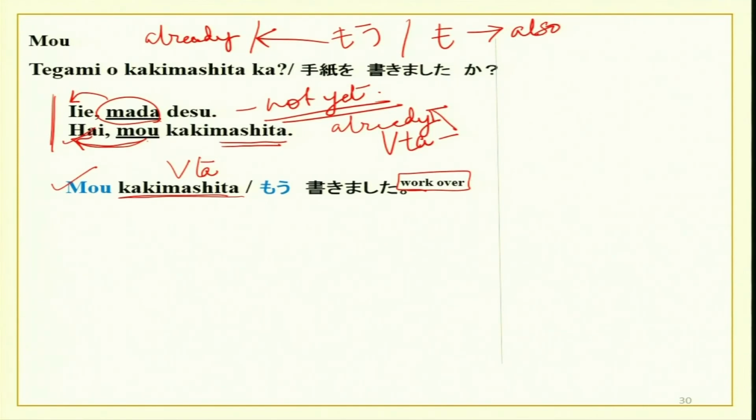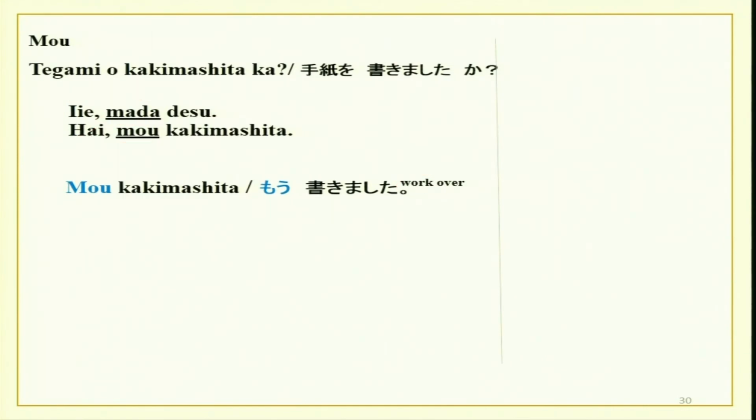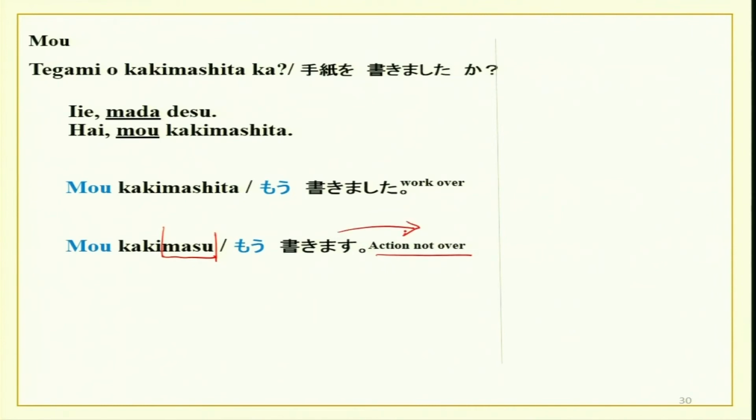I have already eaten. So, now if you have it in masu form, what is going to happen? What is the meaning? It is very clear that if it is in masu form, then the action is not over, work is not completed. Okay? So, "mo kakimasu," I will write soon, not immediately, but I will write.